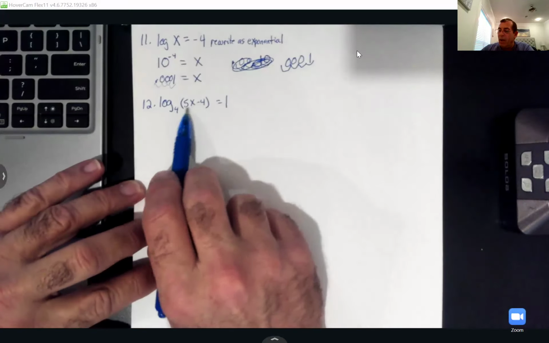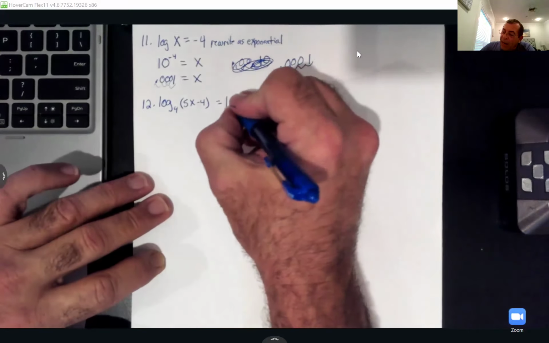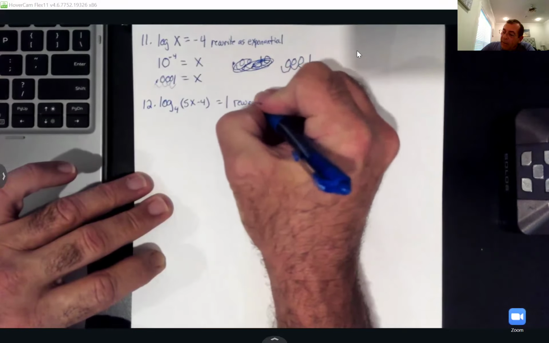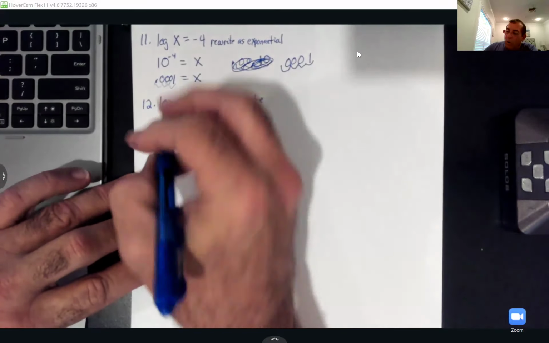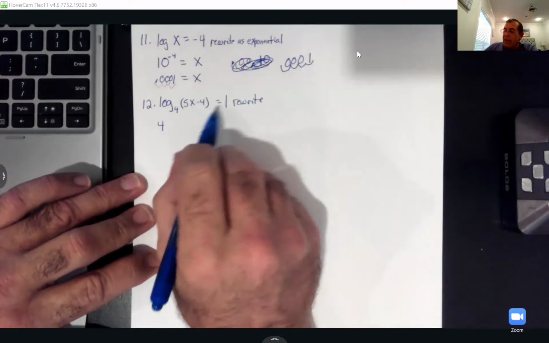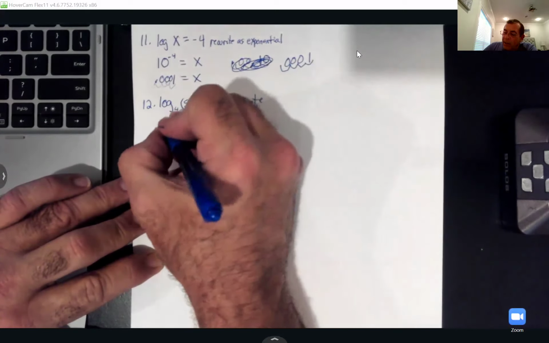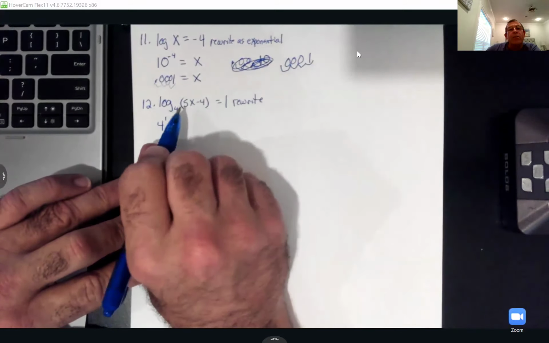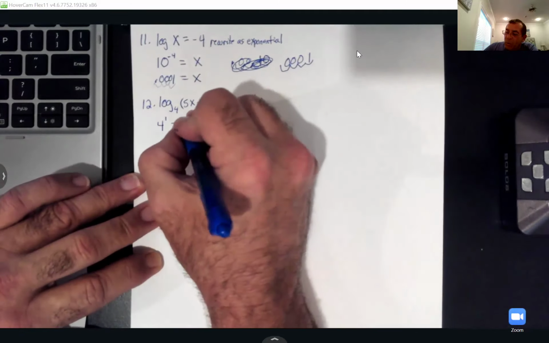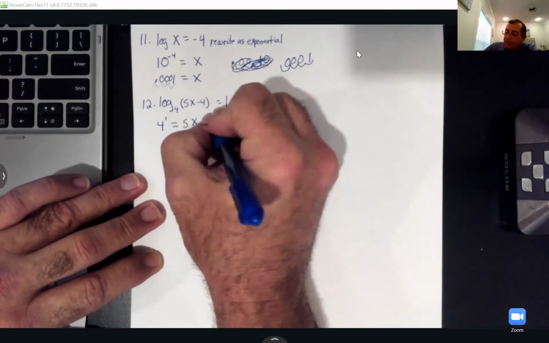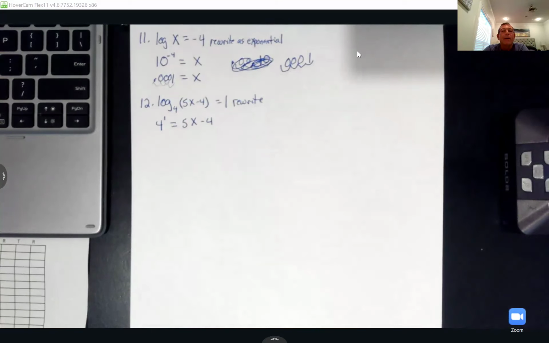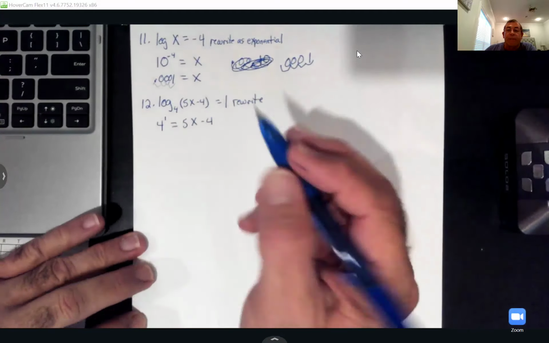But a single log equal to a number, so we're going to rewrite again. So my base is 4. My exponent is the 1. And 4 to the first is going to equal the 5x minus 4.